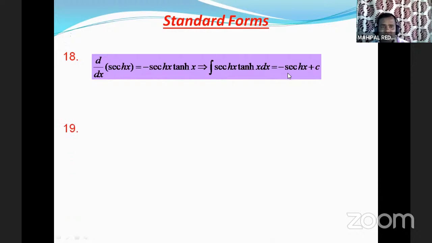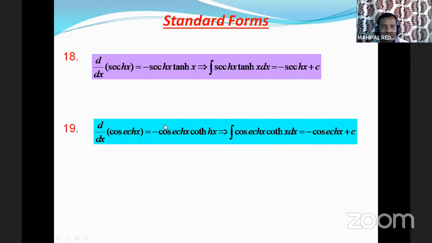Next, 19th one, the last hyperbolic function: the derivative of cosech x equals minus cosech x into coth x. So it implies the integration of cosech x into coth x equals minus cosech x plus c. So hyperbolic functions are also completed.